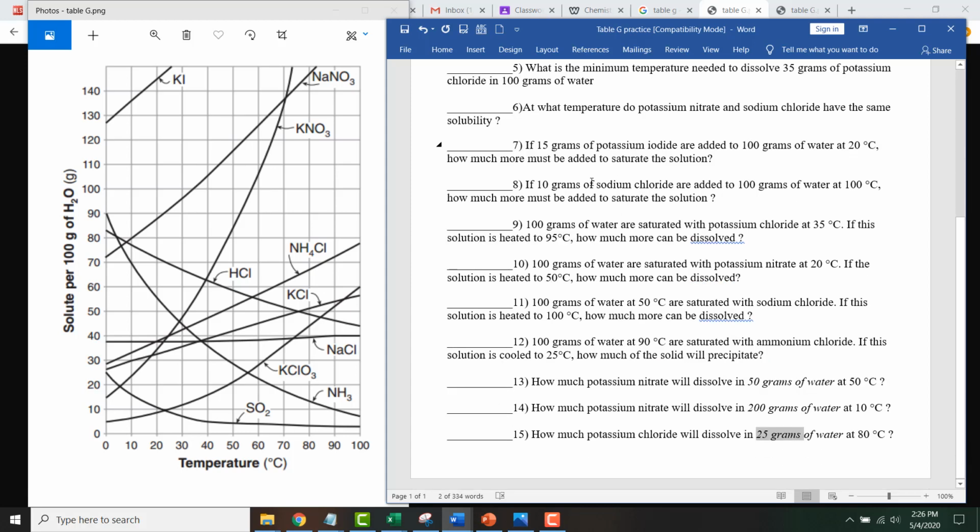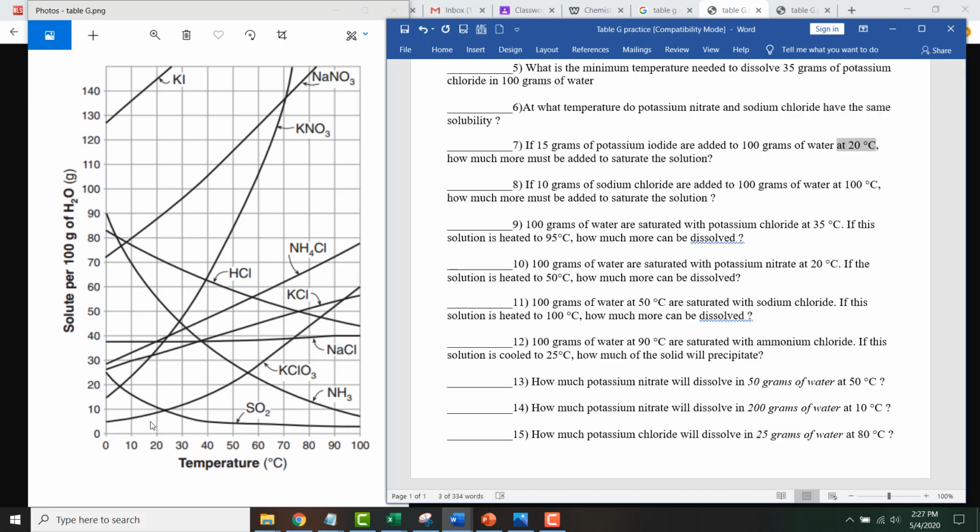Number 7 says if I have 15 grams of potassium iodide at 20 degrees Celsius, how much more can I add to be saturated? So let's find potassium iodide. Potassium iodide is KI. Now that's the one over here in the top corner, KI. 15 grams is way down here though. And it talks about, again, 15 grams at 20 degrees Celsius.